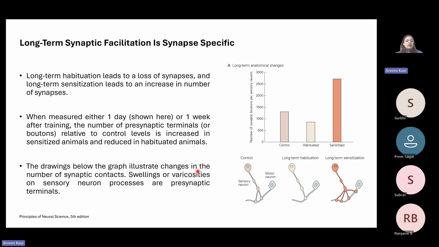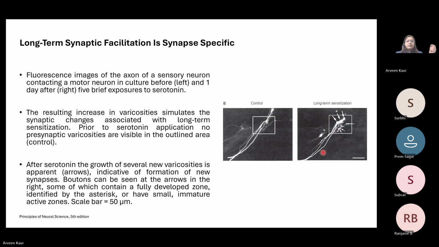The drawings below the graph illustrate the changes in number of synaptic contacts, swellings, or varicosities in sensory neuron processes, which are presynaptic terminals themselves, right? This is a microscopic image of the same, wherein fluorescence images of axons of a sensory neuron contacting a motor neuron in culture. One day after 5 brief exposures to serotonin, you can see an increase in varicosity, simulating the synaptic changes associated with long-term sensitization.